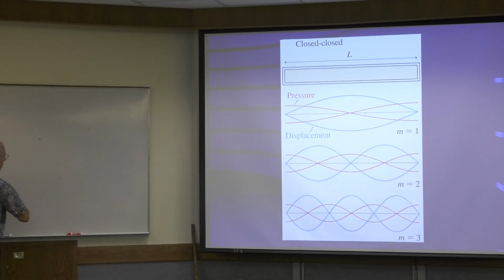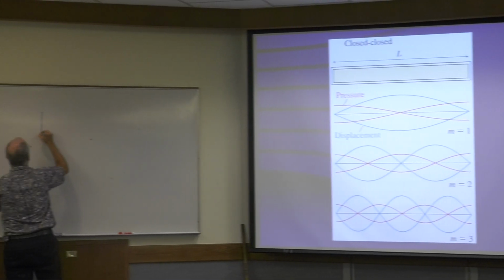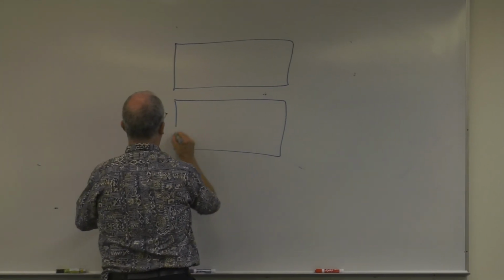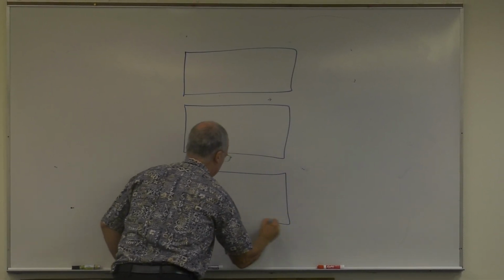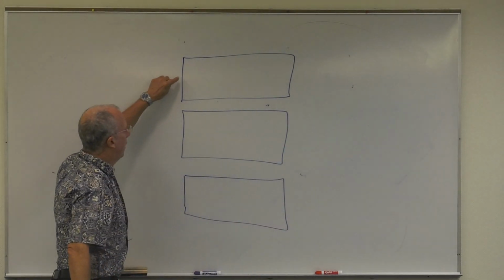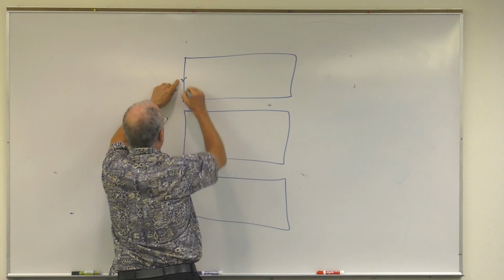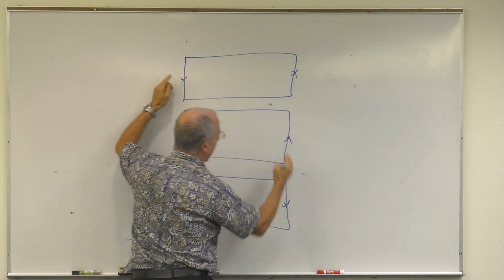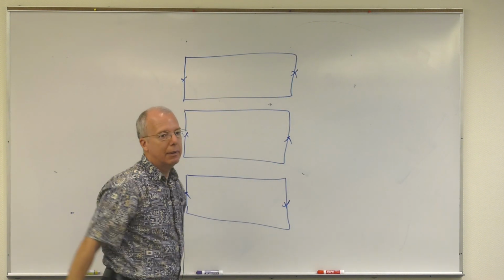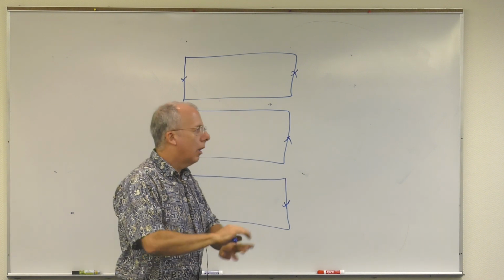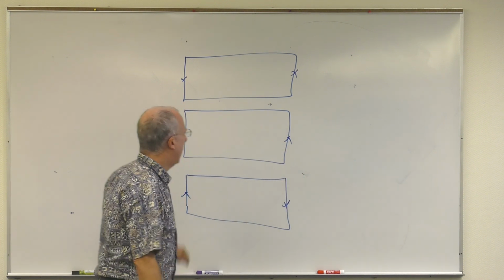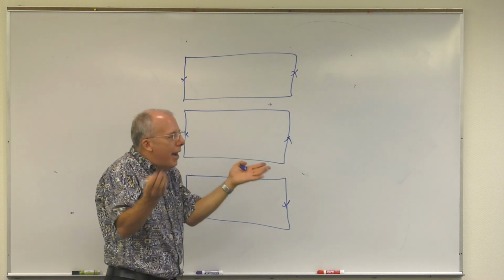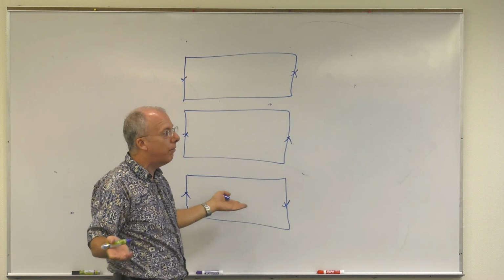Okay, so here's your air column. Let's make 3 of them. Now remember, these places have to be displacement nodes because the air can't move here because there's an end cap. So you just have to draw it properly. So if that's a node and that's a node, what's the biggest wavelength you can fit in there?